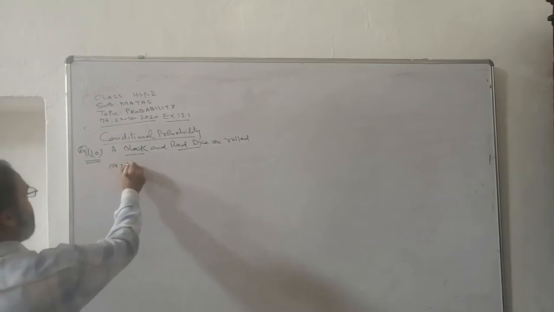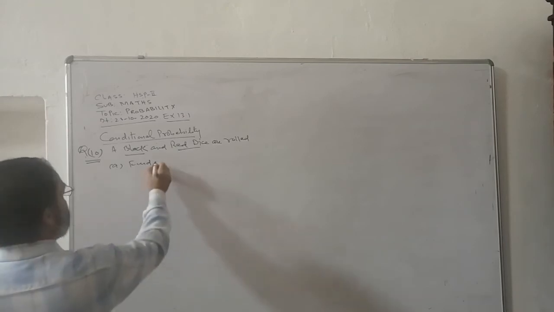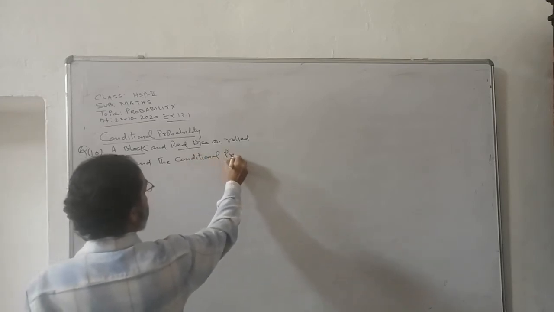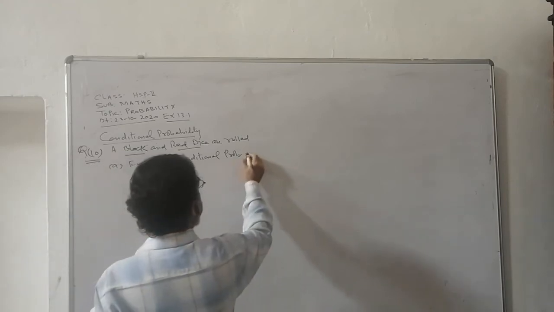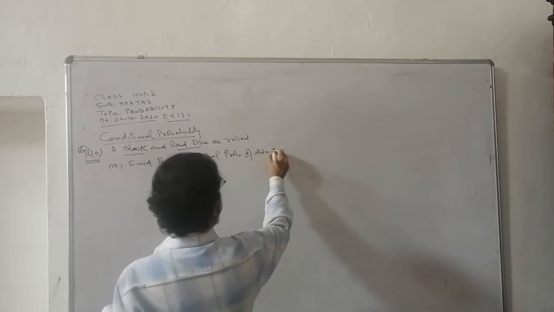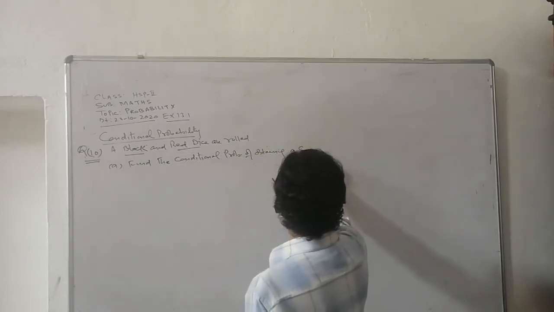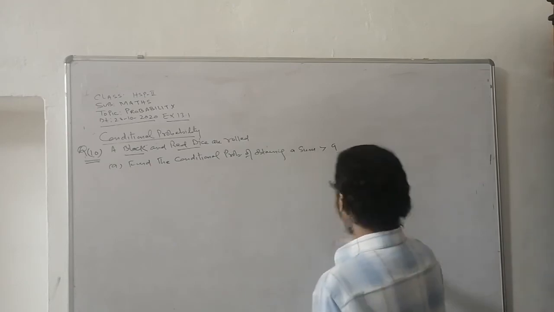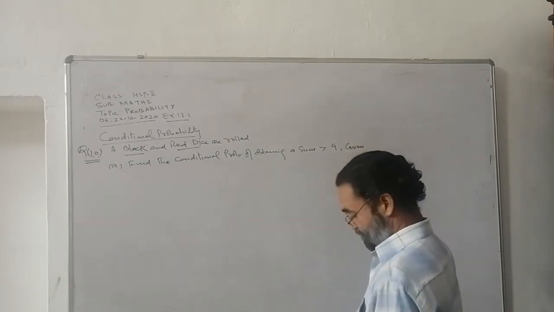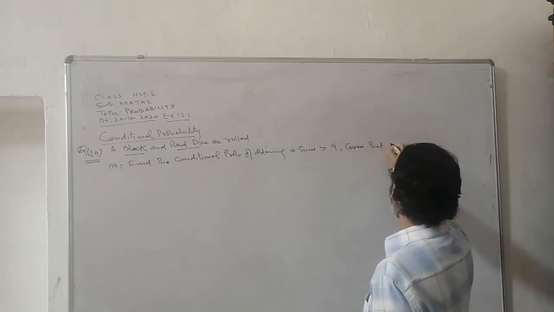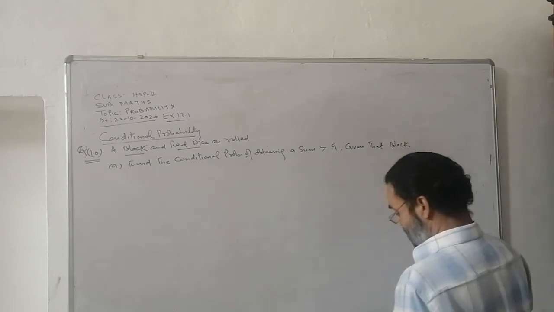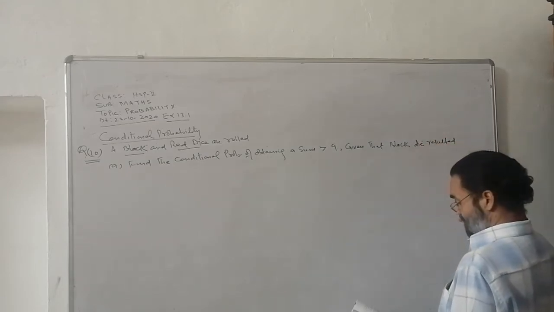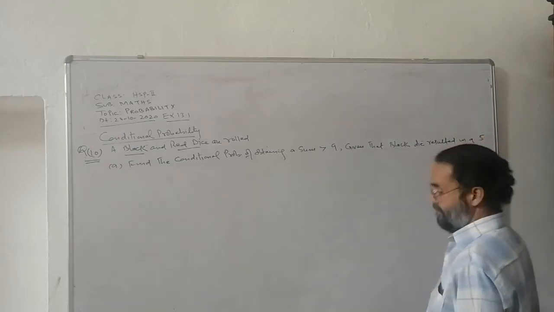The question is part A. We have to find the conditional probability of obtaining a sum greater than 9, where it is given that the black die resulted in a 5.